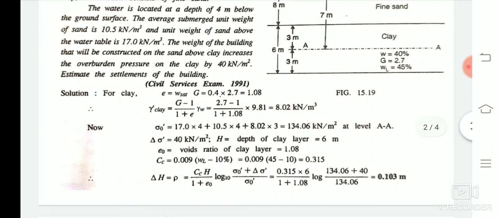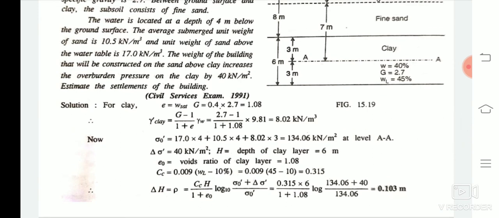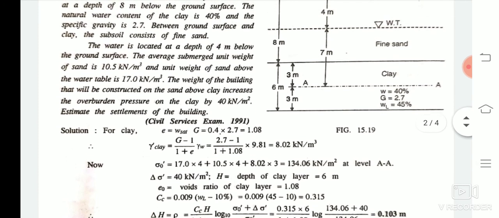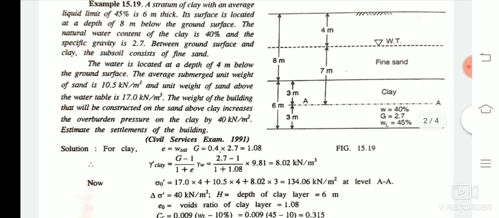Hence, what is the pressure being created on the soil due to its own overburden? In the clay layer, the settlement has to be found out in the middle of the clay layer. Hence, we can easily find it by multiplying the respective unit weight of the soil with its depth. For the first layer, the unit weight is 17 kilonewton per meter cube and the depth of the soil is 4 meter. Hence, for the first layer, the pressure will be equal to 17 into 4, plus for the second layer.